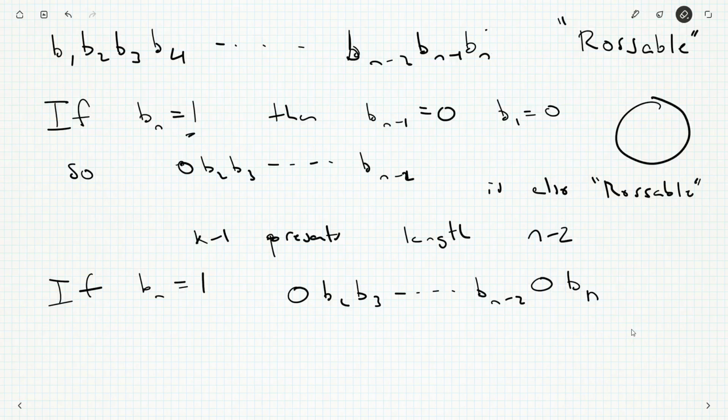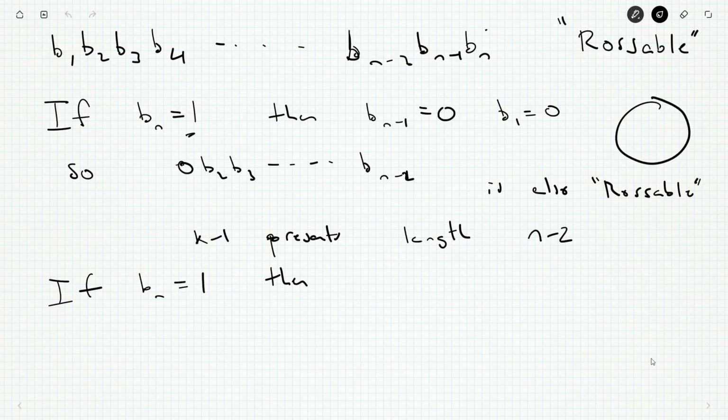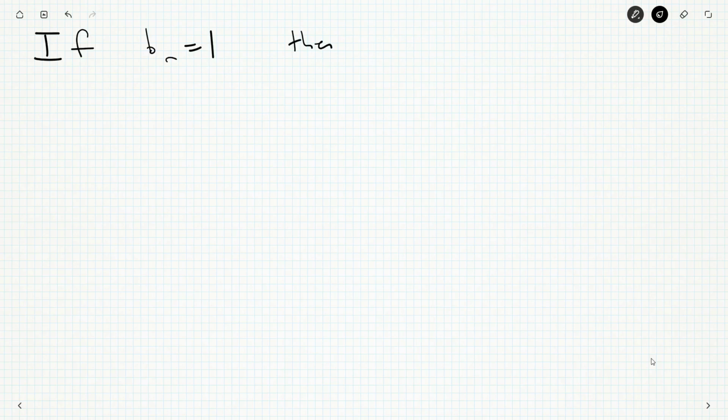So if Bn equals 1, okay, I don't know if this is going to actually lead to something, but I think I can at least count the number of ways to make a Rossable string that ends with 1. So if Bn equals 1, then B1 equals 0, Bn minus 1 equals 0.